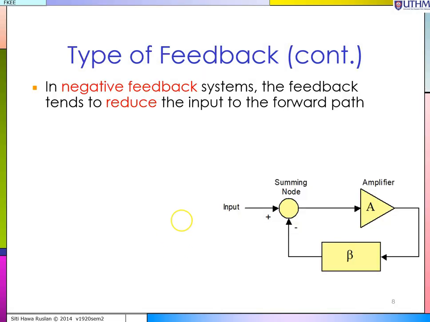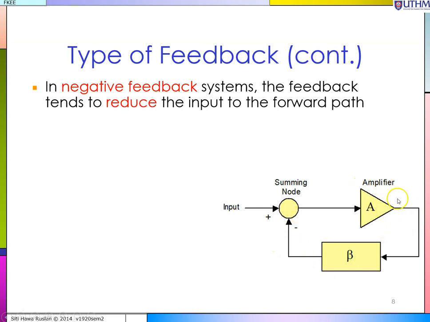So this is a block diagram of negative feedback. We have the amplifier and the feedback network. This is the summing node, where we mix the input signal with the feedback signal. If you look over here, the feedback tends to reduce the input to the forward path, meaning that you have an output signal, you go to the feedback network, the signal will be attenuated, but then it will be amplified again.